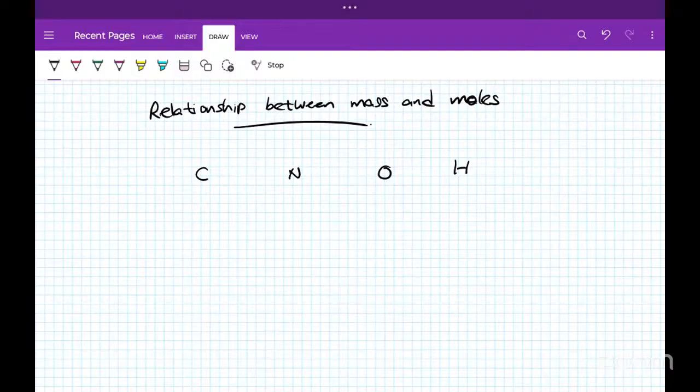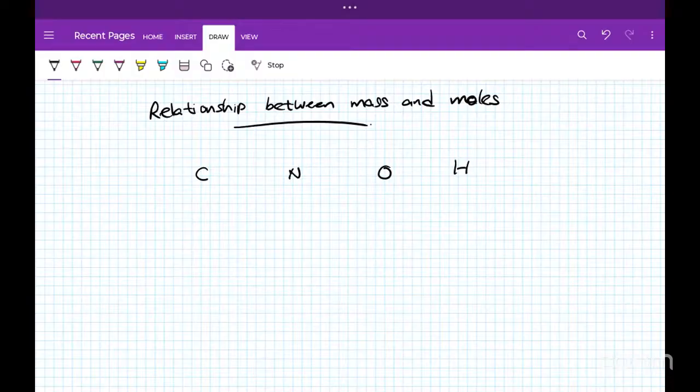You take exactly the mass of carbon, nitrogen, oxygen, or hydrogen, or any other atom in grams to match with their relative atomic mass. Exactly relative atomic mass in grams, then it has exactly 1 mole.